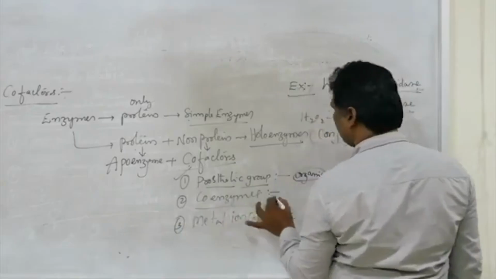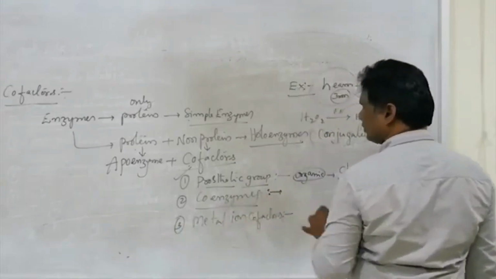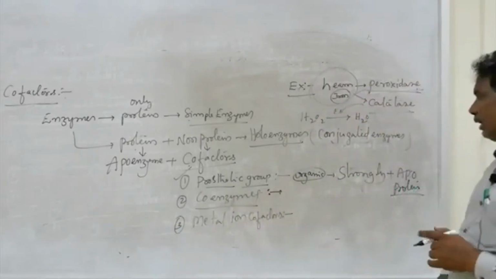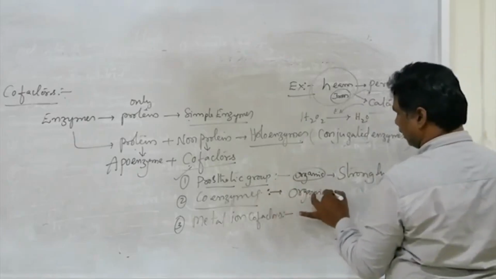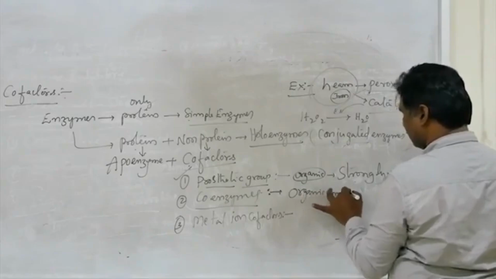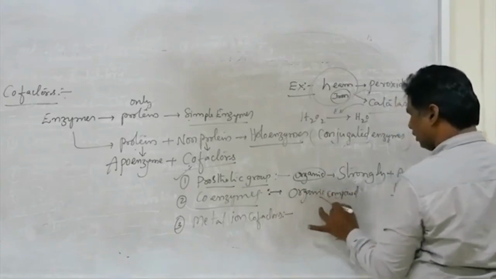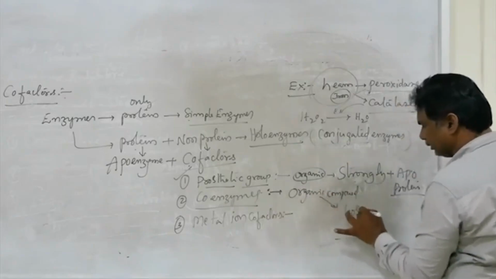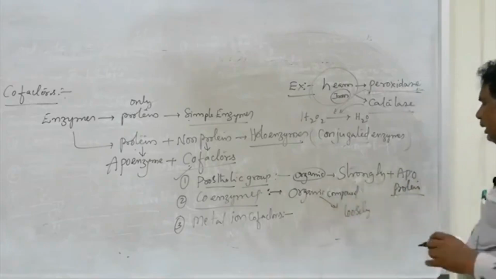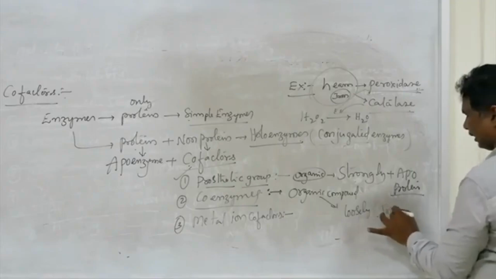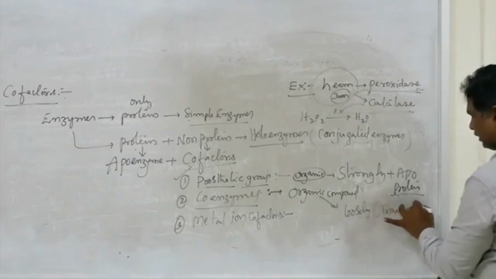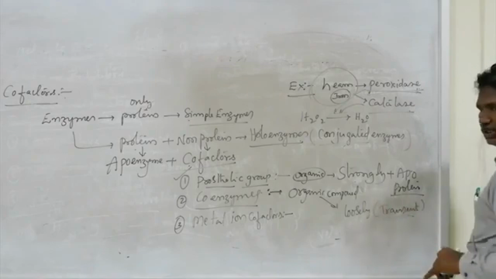Next, the second one, coenzymes. Those coenzymes are organic compounds. Those are loosely bonded, or in your textbook it is given as transient. Transient means intermediate stage.